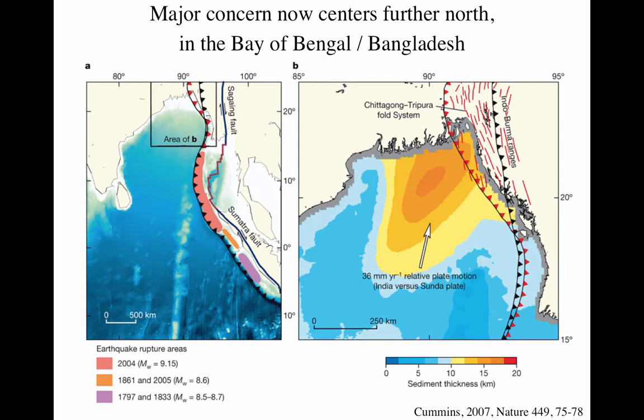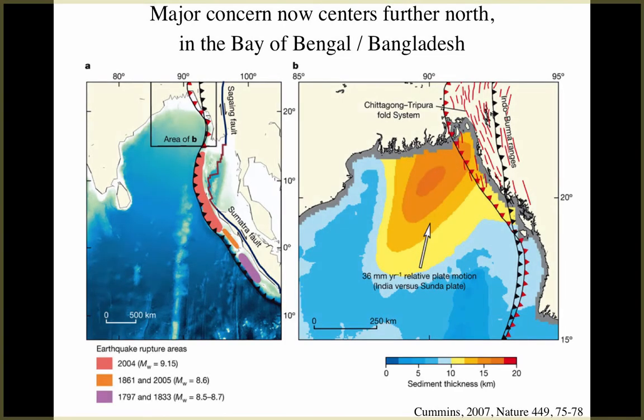The 2004 earthquake broke an area hundreds of kilometers long on the northern Sumatra subduction zone. We can look back further in the record using evidence from uplifted coral beaches and find that 150 years ago another 100-kilometer segment broke further south, and 150 and 250 years ago yet another segment.